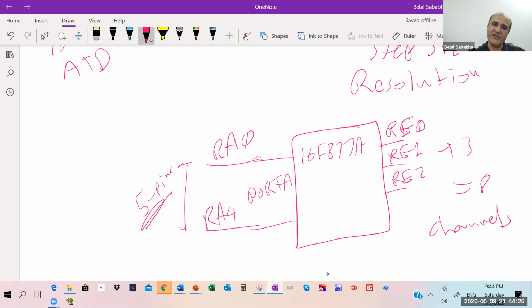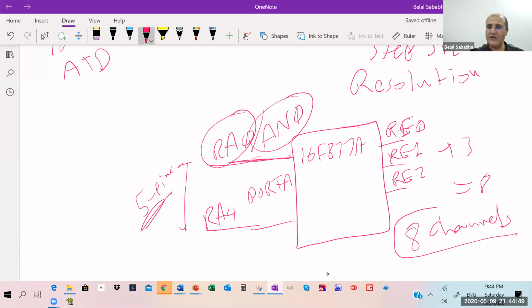Okay? Port A0 is now called AN0. You can configure this pin as a digital pin and call it port A, or as an analog pin and call it analog pin 0. Same for everything else. So 3 pins on port E, 5 pins on port A. These are 8 channels.